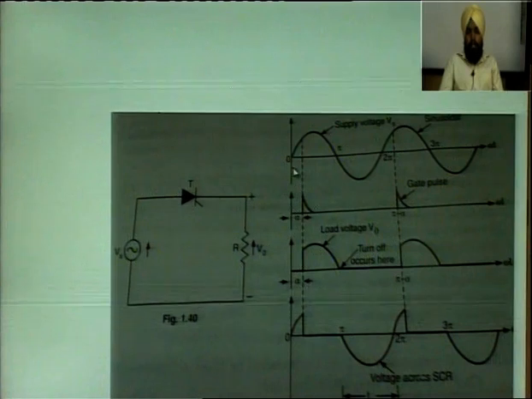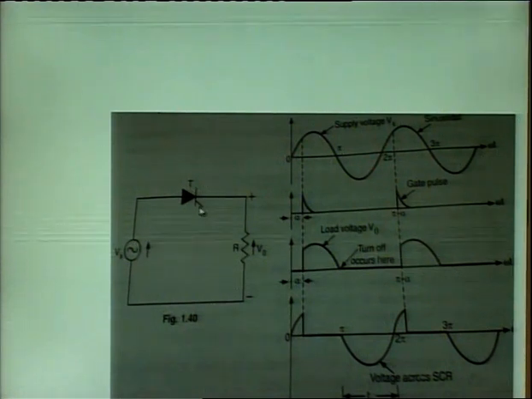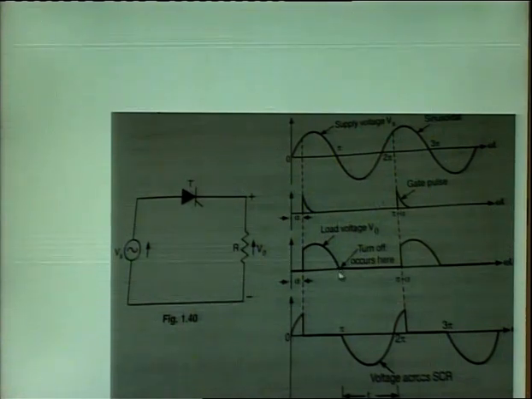After 180-degree angle, the negative half cycle will come, and this SCR will naturally commutate, and the voltage and the current through this thyristor will become 0 after this 180-degree zero crossing. After this point the SCR will turn off naturally.